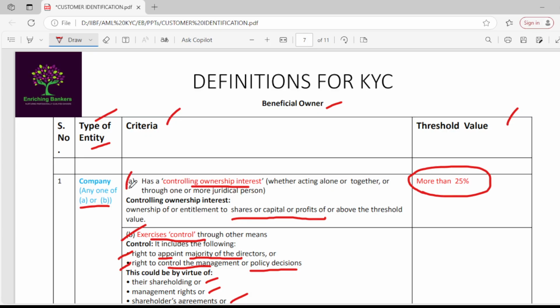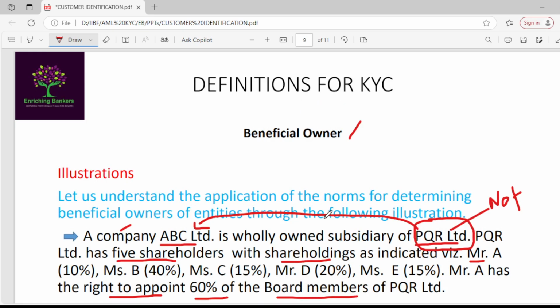So let us see who is going to fulfill the first condition. What is this condition? Any natural person who has more than 25% controlling ownership interest in terms of shares or capital or profits. So let us see who satisfies this condition.